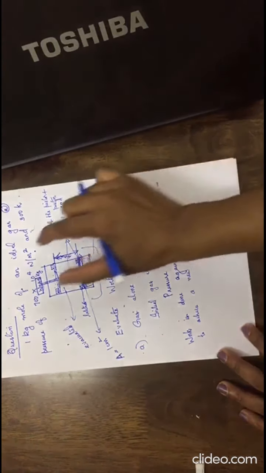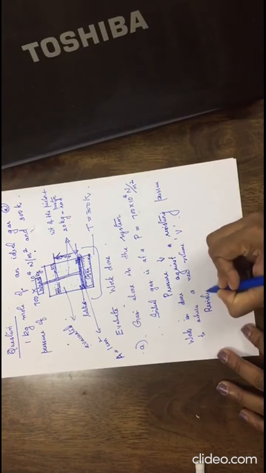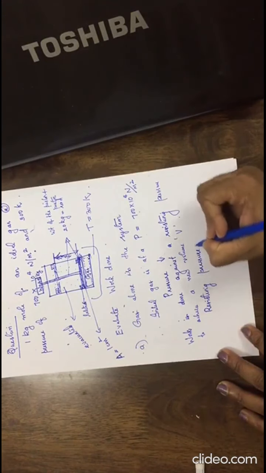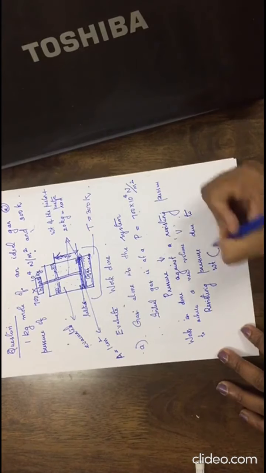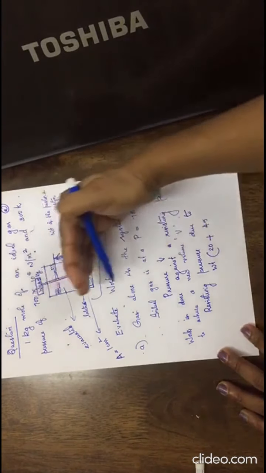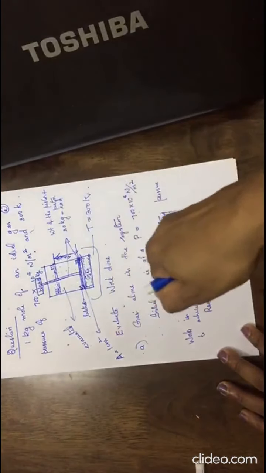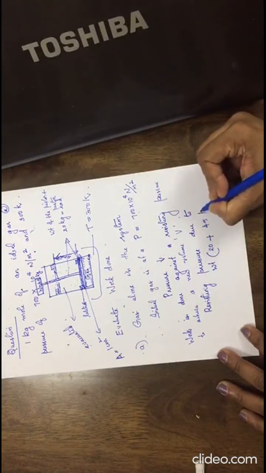So what is the resisting pressure? The resisting pressure is due to the total weight of piston plus piston rod, that is 20, plus 45 kilograms. Since it is placed on the piston, it is acting as a resisting pressure for the expansion of the gas.